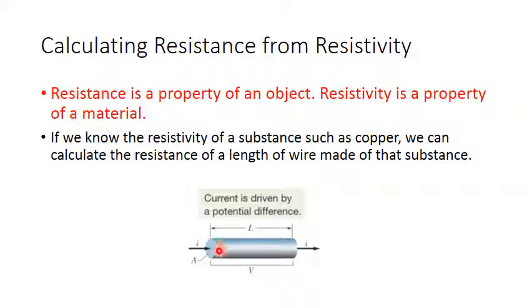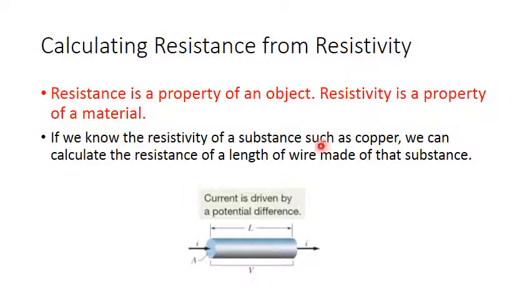It depends on the geometry of the object, the way of applying the electric potential on the object, in addition to the resistivity of the material of this object. So to calculate the resistance of a specific object, it is required to find out its geometry, its resistivity, and its way of applying electric potential.